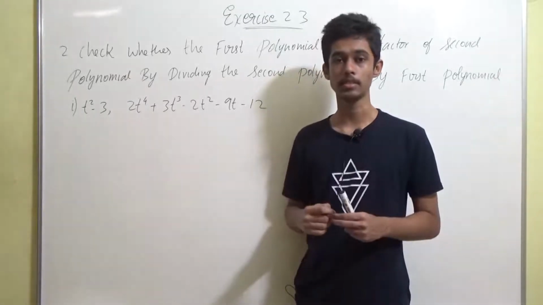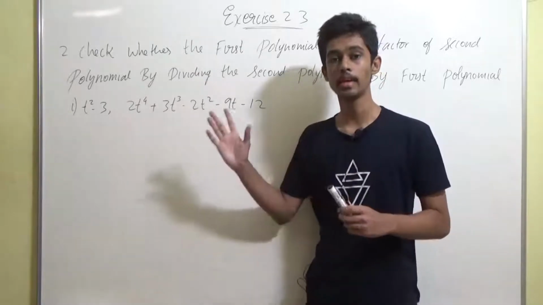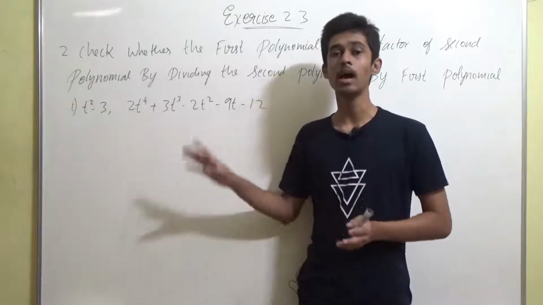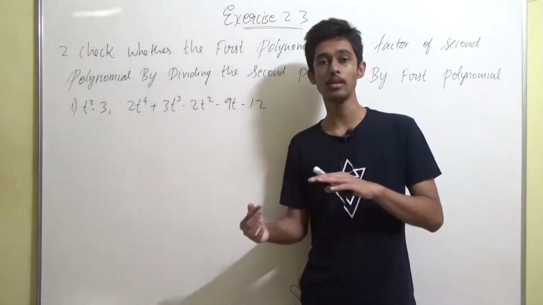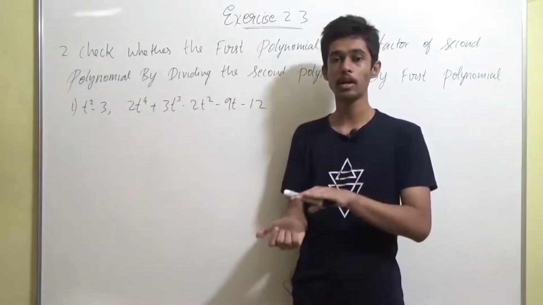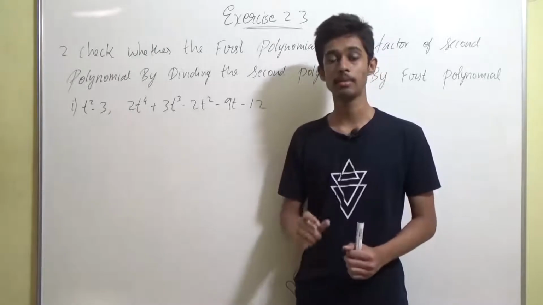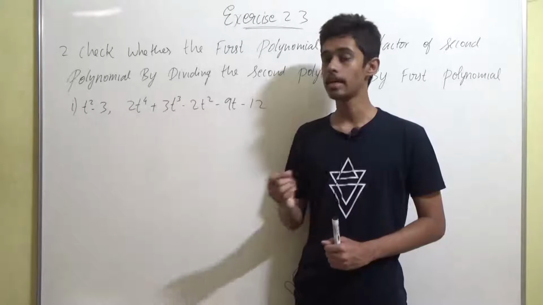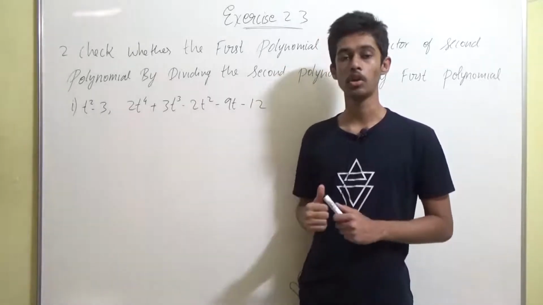When they tell you to check whether one polynomial is a factor of another polynomial, you have to divide it, and if the remainder comes 0, you are going to say it is a factor of the other polynomial. If the remainder doesn't come 0, you are going to say that's not a factor of the given polynomial. Let's go ahead with the division, guys.